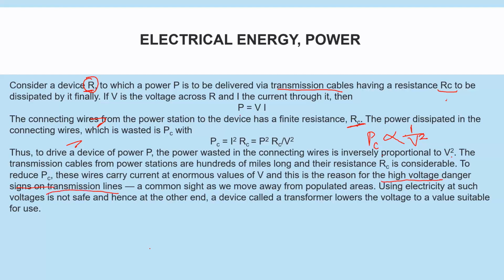If you have seen the power lines above buildings and on the roads, they are called high transmission lines because they are carrying a very high voltage through those wires.